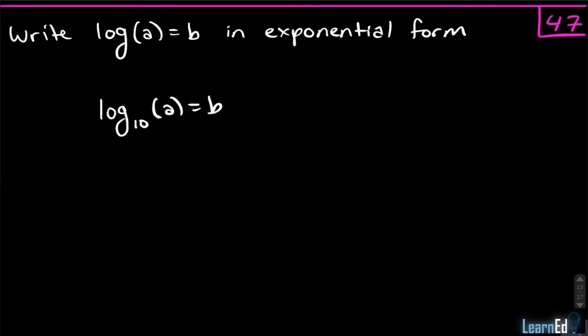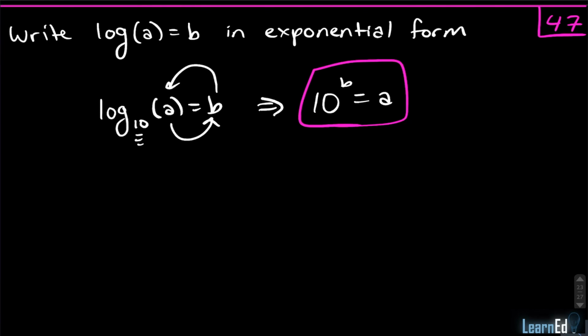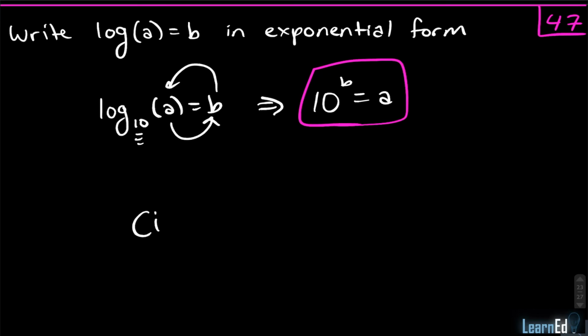And so we can make this 10 bigger, put the a over to that side, the b goes in the exponent on this side, and so this becomes 10 to the b equals a. So again, it's that idea of circle trick.